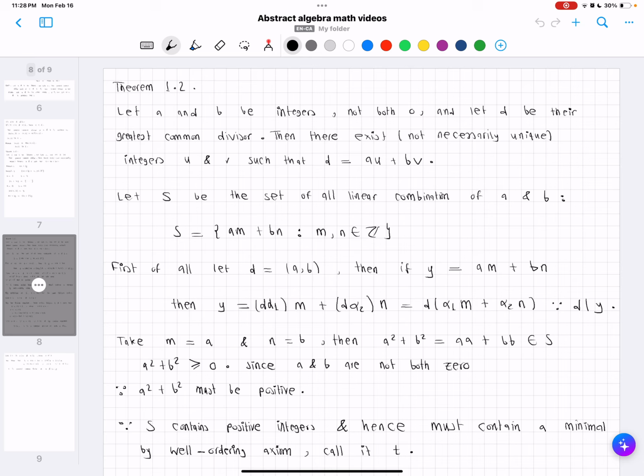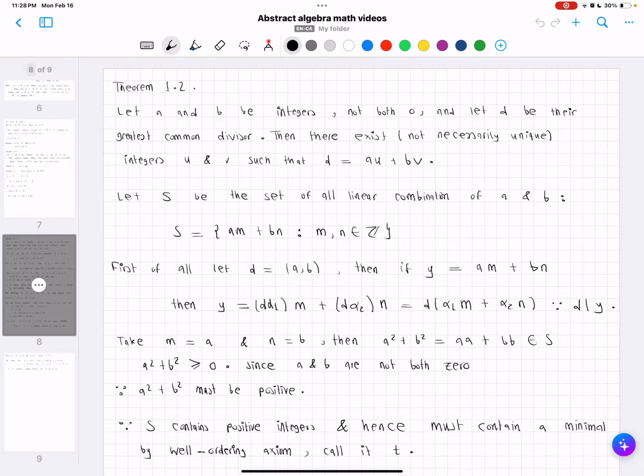We have seen that d is the least positive element, the most optimized number from a and b.